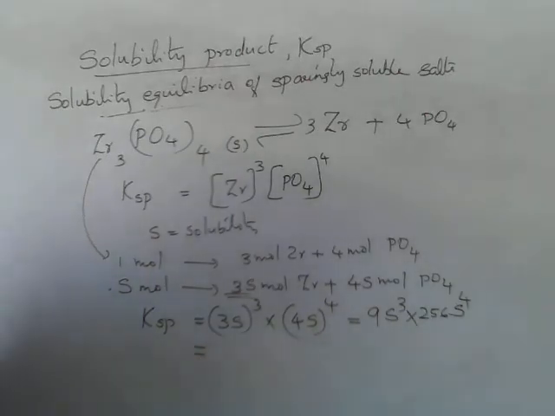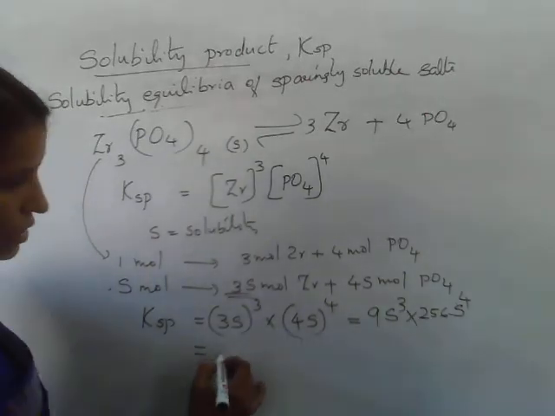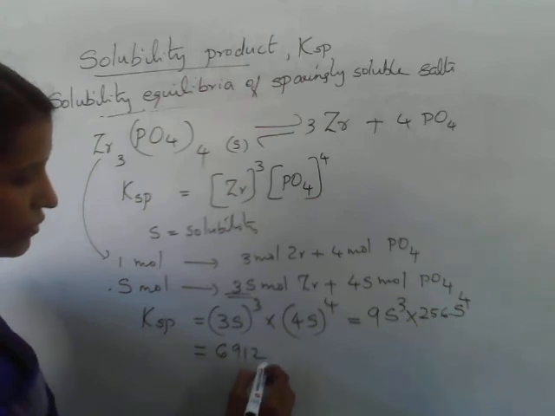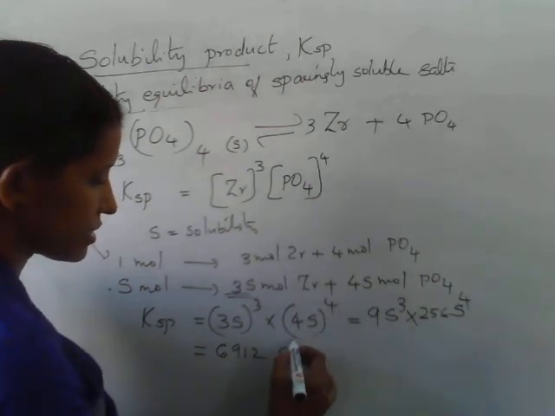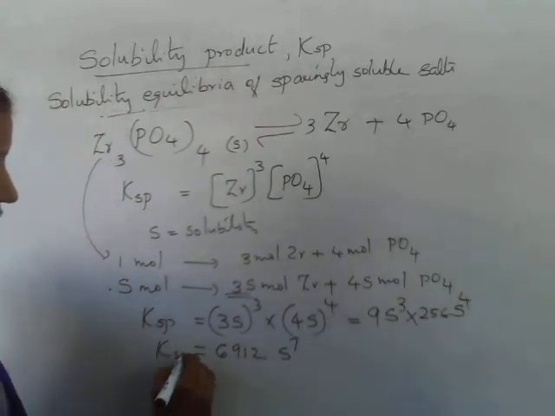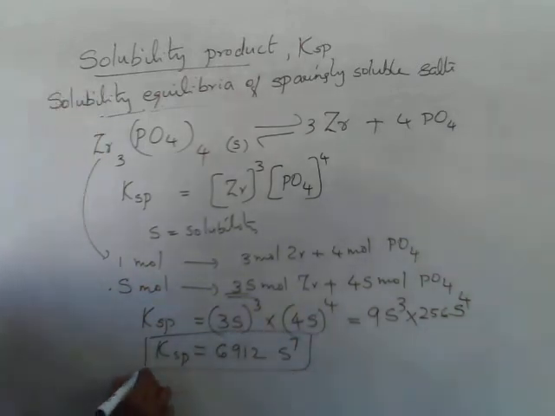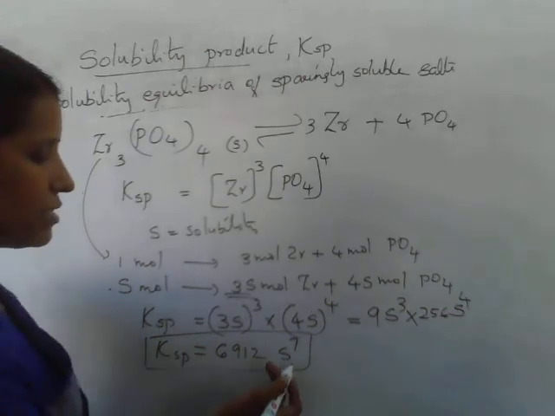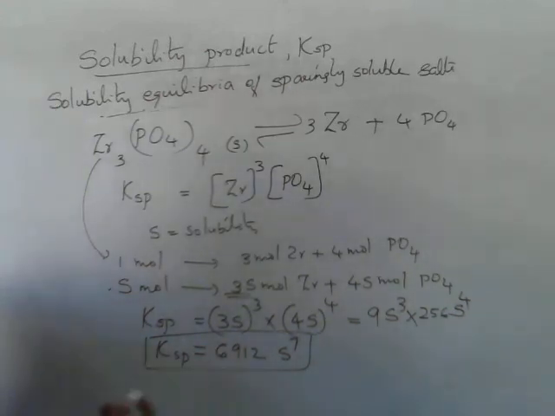So you will get the answer as 6912 S raised to 3 plus 4, that is 7. This is the relation between KSP and solubility for zirconium phosphate. Knowing KSP, solubility can be determined or vice versa.